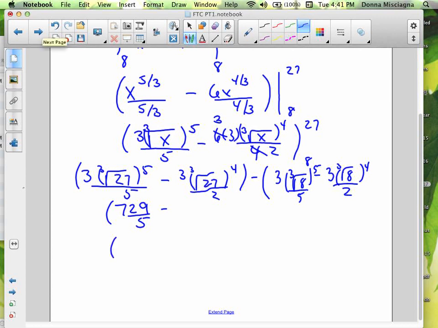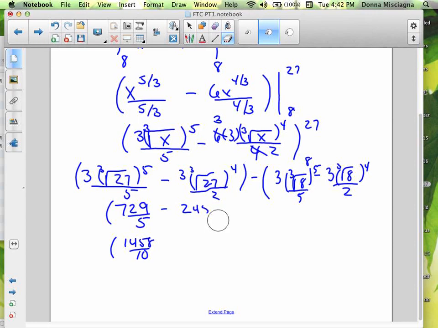So that would be 1458 tenths. All right, so this is the cube root of 27. That's going to be 3 again. And then 3 to the 4th power is 81. And 81 times 3 is going to be 243. So this would be 243 halves.